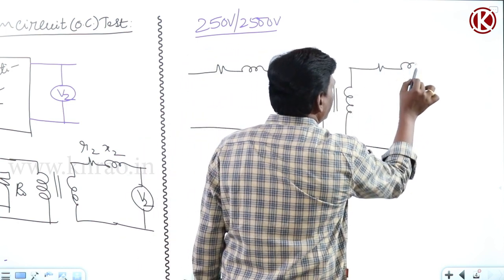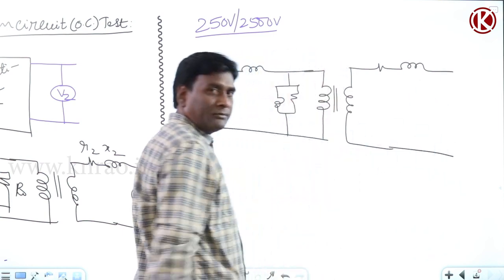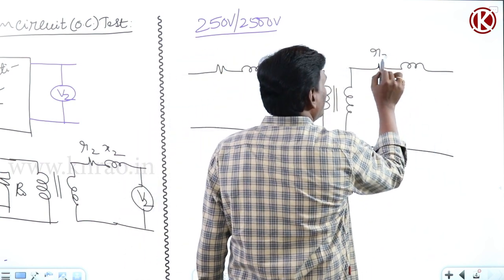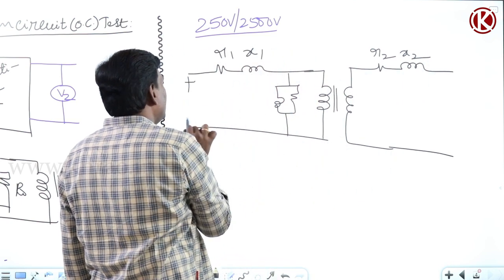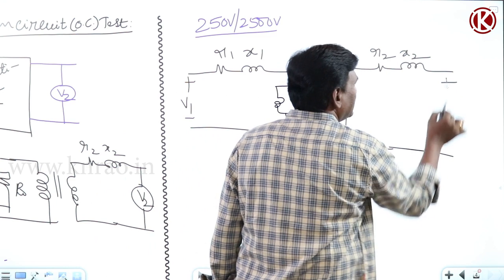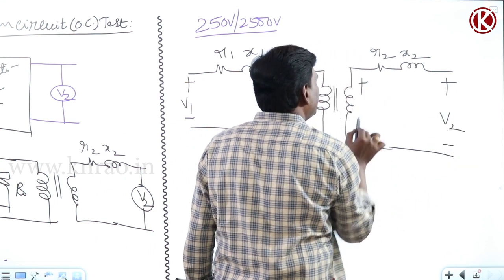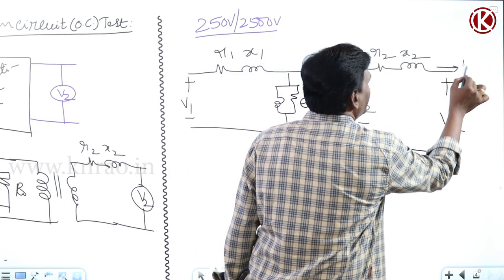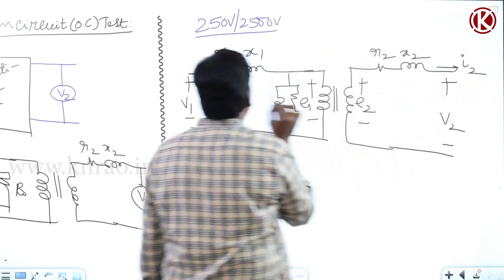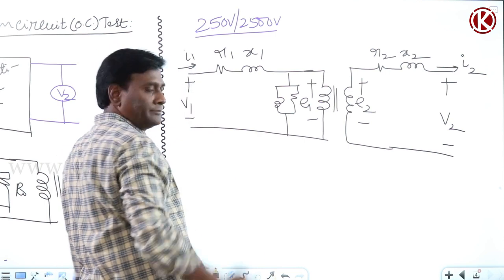This is R2, this is X2, this is R1, this is X1, this is V1, this is V2, this is E2, this is E1, and this is I2 and this is I1.